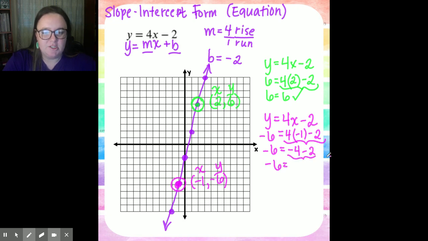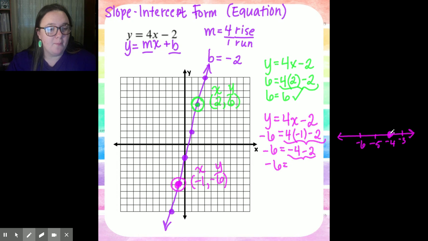-4 minus 2. If you think about a number line, guys, if you are at -4, here's -3, -4, -5, -6. If you are already at -4 and you're going to subtract 2 more, you're going even more negative. Subtract 2 more, it puts you at -6.